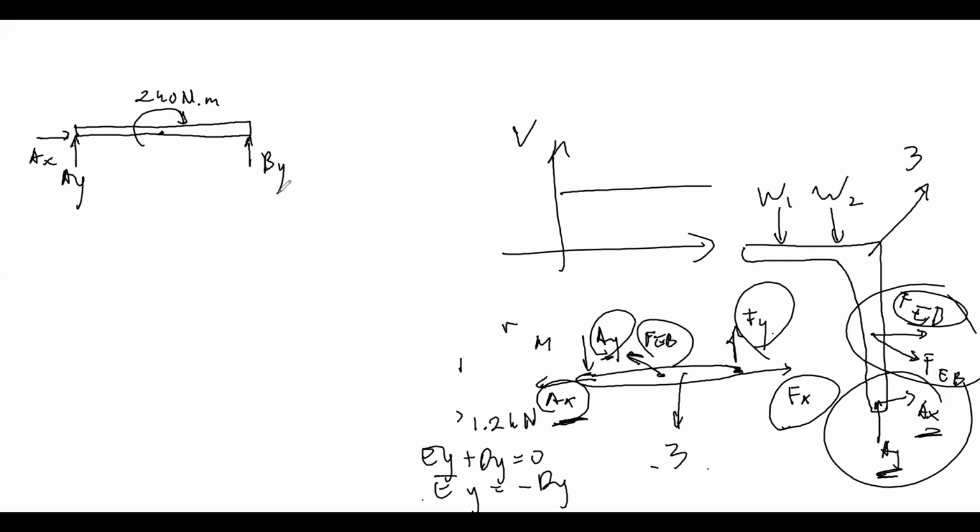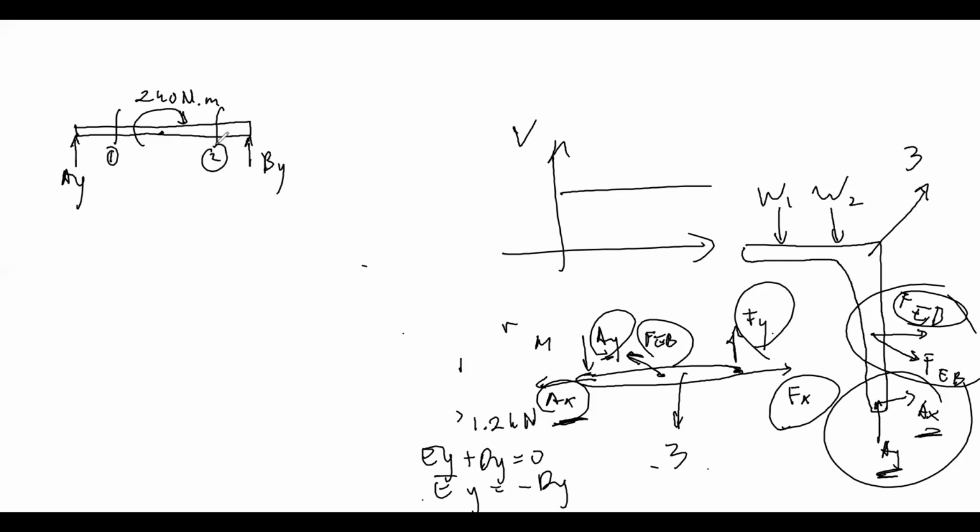So the first thing that you're supposed to do is not to solve the cutting, but to solve for AX, AY, and BY using sigma Fx, sigma Fy, and sigma moment. After you solve that, then you can do the section. The cutting. This is number 1, this is number 2, for example.